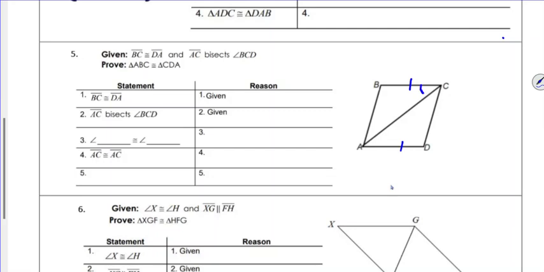AC splits this angle directly in half. All right, so based on that being a bisector, now I can say that these two angles are the same. It's part of the definition, so now I need to state the conclusion there. I need to say that angle BCA is congruent to angle DCA by the definition of an angle bisector.